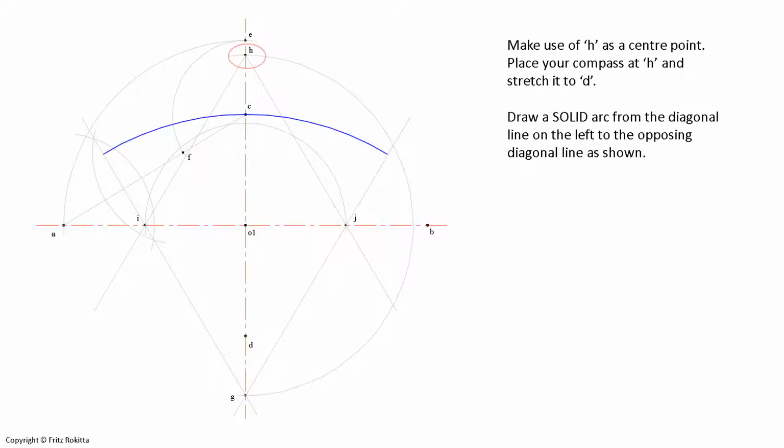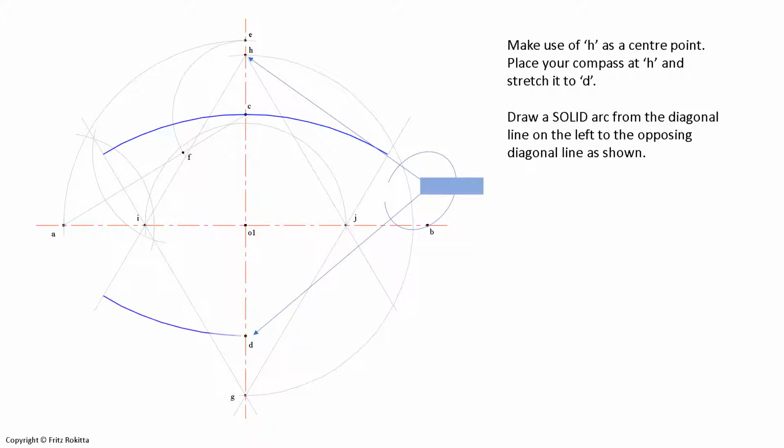For this step, we will also make sure that we do place our compass at point H on the minor axis and stretch the compass all the way to point D on the minor axis, which then duplicates the distance of radius that we did with the previous large arc we drew.